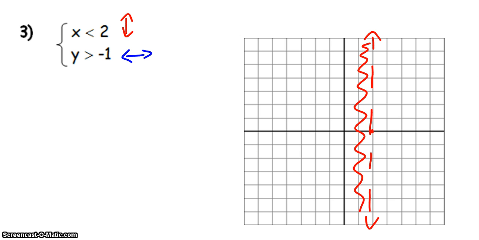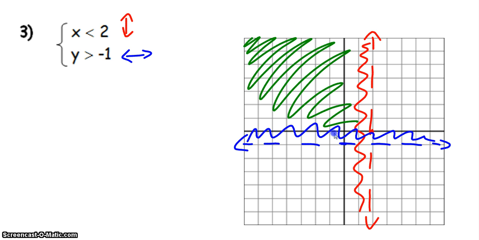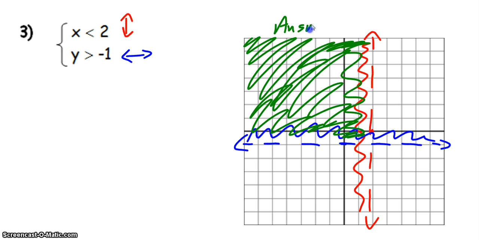Y is greater than -1. So -1 on the y-axis would be here. I'm going to draw my line, which is a horizontal line. And if I want to be above that line, the two shadings will come together in this top section here, because the two lines come together here, and that's my final answer, because that would be the double shading.